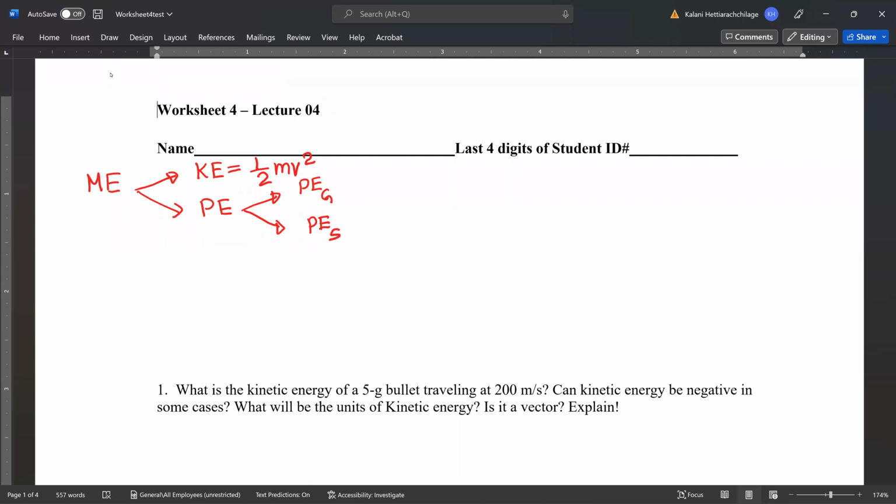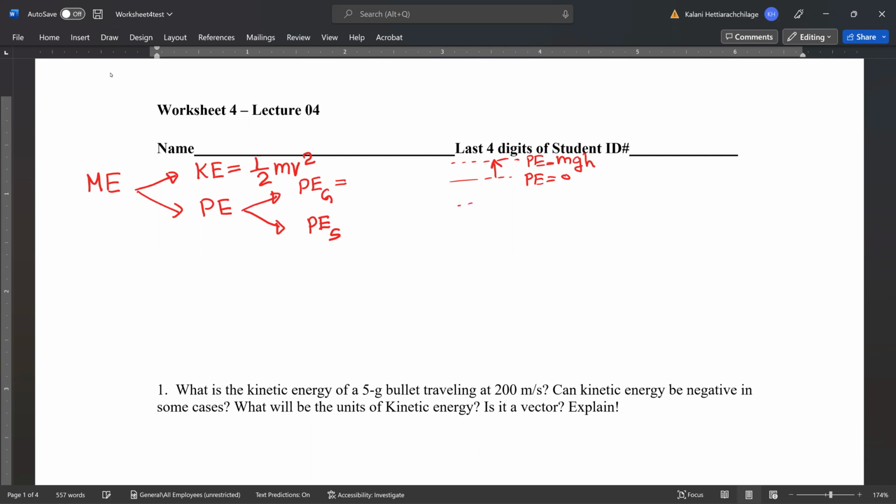Gravitational potential energy means, if you have an object, we say I have potential energy 0 at this point. Then if you have an object at this height, h, the potential energy at this point we call mgh, right?